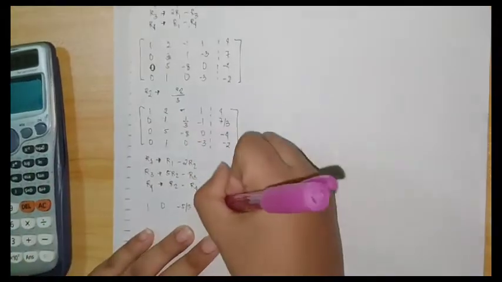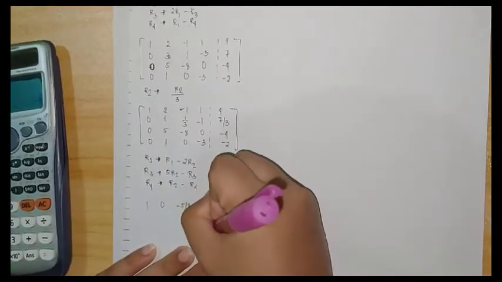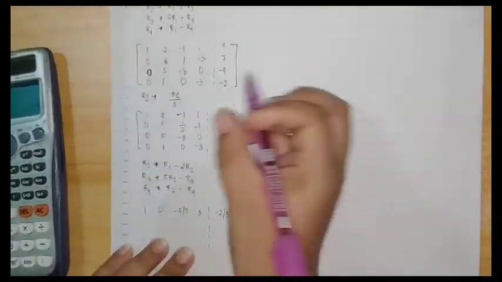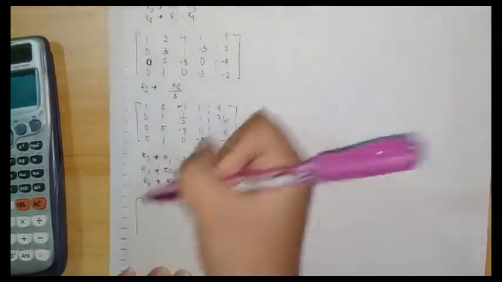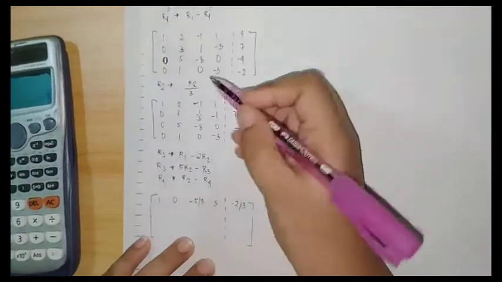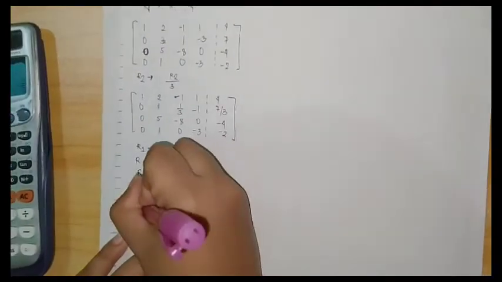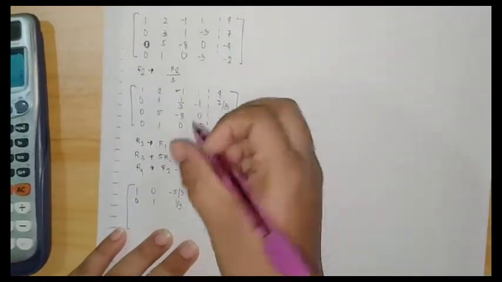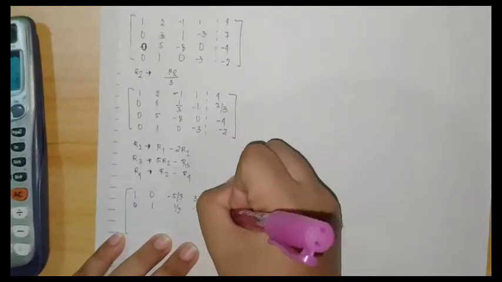So we have negative 2/3. For the R2, we were just going to copy 1, 1/3, negative 1, and 7/3.